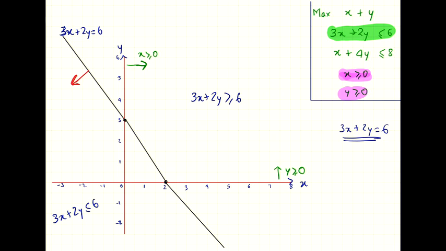In any n dimensions, a linear constraint on n variables defines a hyperplane, and saying that the summation of ai xi is less than b is saying that you should stay on one side of that hyperplane. It's called a half space. So 3x plus 2y less than 6 says we should stay on this side.